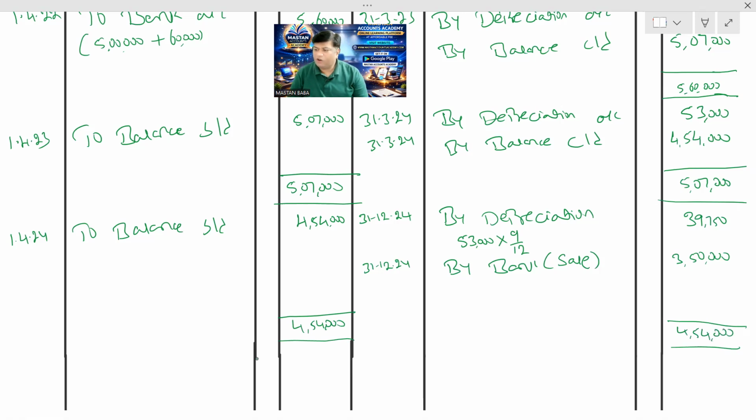Calculate in rough work: 4,54,000 minus 3,50,000 minus 39,750. That comes to 54,000 here, and from there you get nearly 10,250. 54,000 minus 39,750 is 10,250. So calculate it in the rough work.